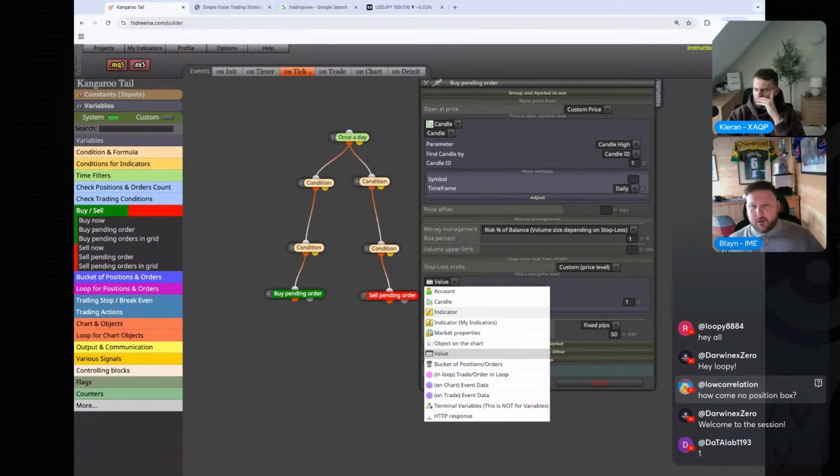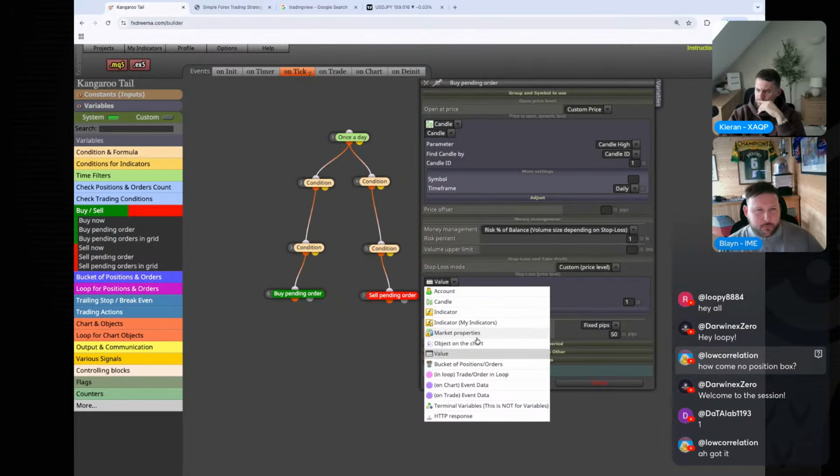If we were going to keep a position open for more than a day, then we would use no position if we didn't want any more than one position. Again, this is all up to you as the trader, what you're happy with in terms of open positions per strategy.